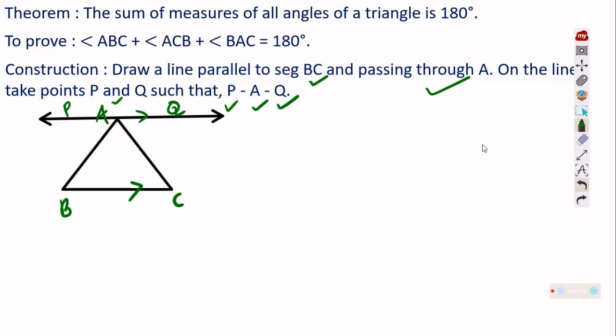Now we know that line PQ is parallel to BC. And segment AB, this one, and segment AC are acting as transversals here.